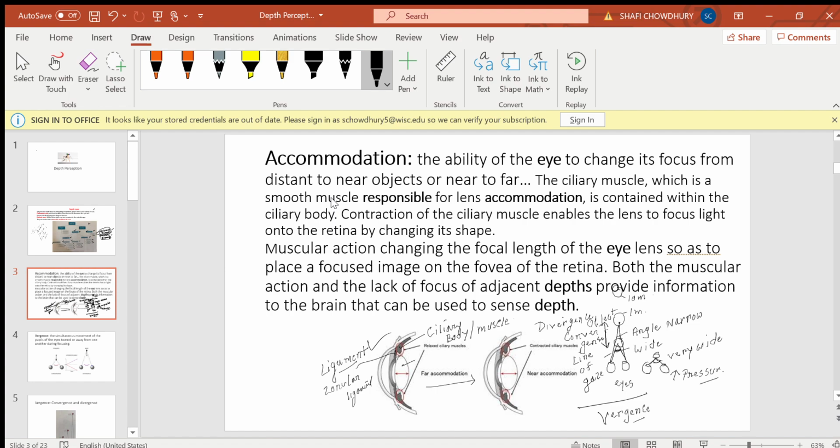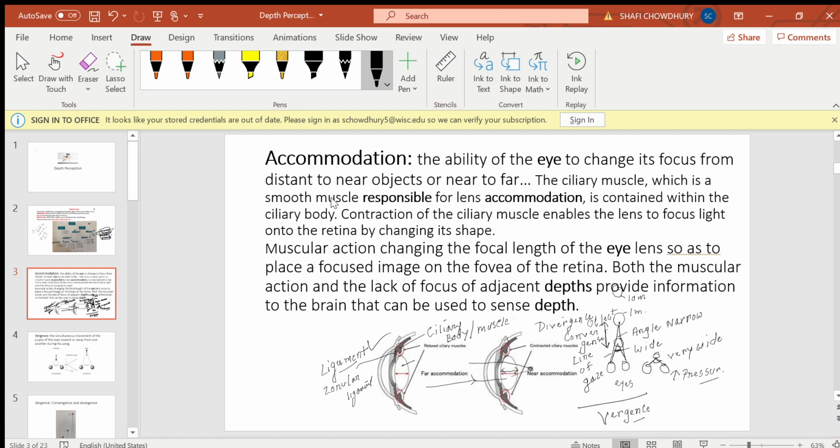When the ciliary muscle contraction occurs, the lens becomes more round or convex, wider this way. That means the focal distance will be shorter because the lens now will be able to converge the light more, right?